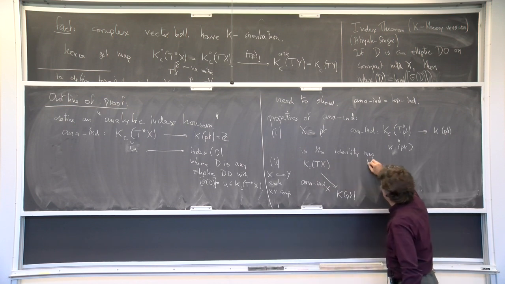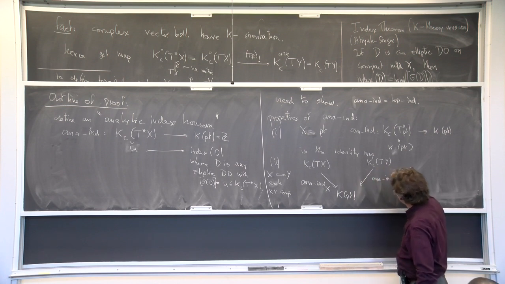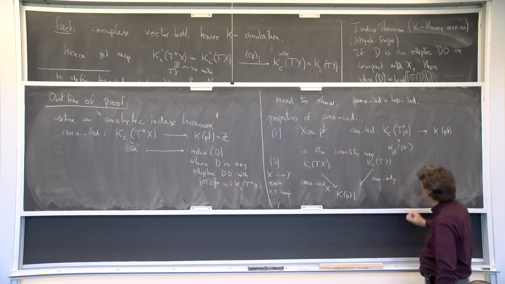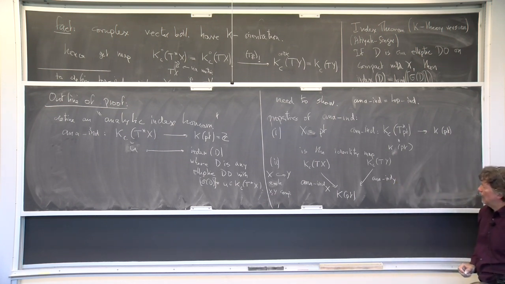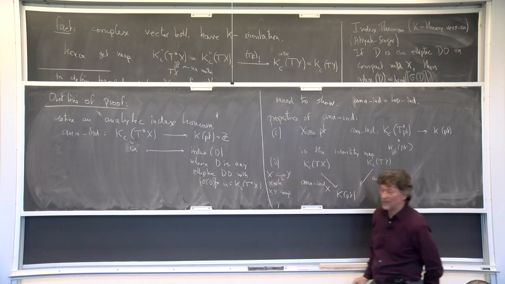So then I have the analytic index map for the manifold Y as well, for this bigger manifold Y. But these things are related via this embedding here.